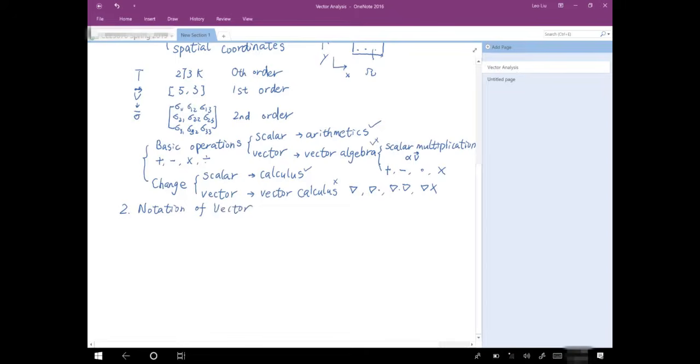That is how we write vectors. We can write it in different ways. For example, the comprehensive way, the tensor way, is that we just write it like this. This is the tensor way.